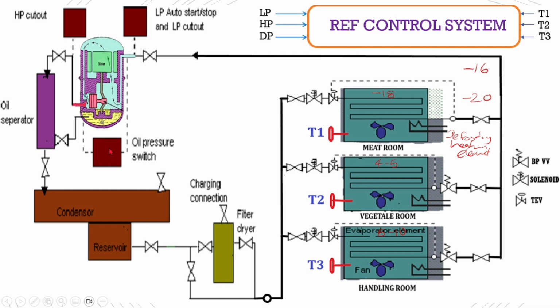Actually, it is not enough to monitor only the pump discharge pressure, because, as we know, this suction line, the return line, is directly exposed to the sun. So if the suction pressure starts to rise or fall because of any temperature variation and expansion valve opening and closing, the pressure inside the sump also varies.